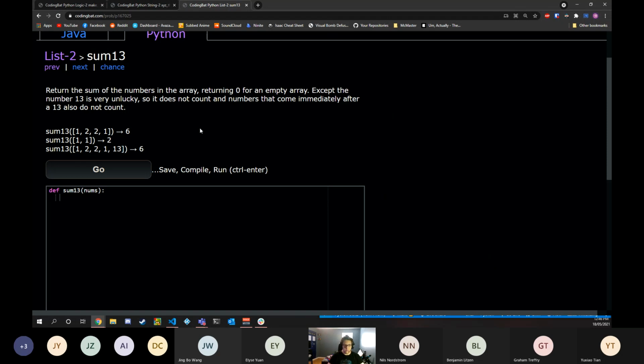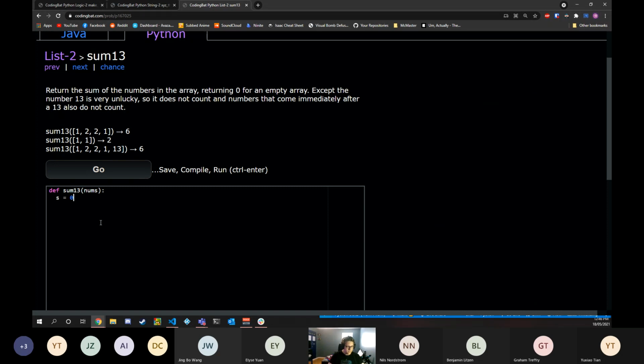I think this is why I made a mistake on the question in tutorial 2 that looked at sum A, B, and C. However, there, if one number is 13, all numbers after don't count. This is the same situation except only the item immediately to its right does not count.